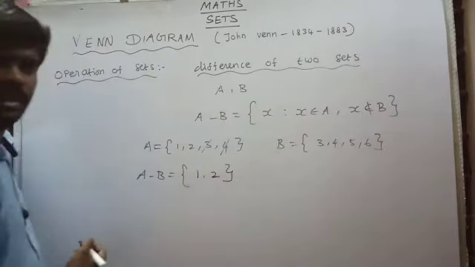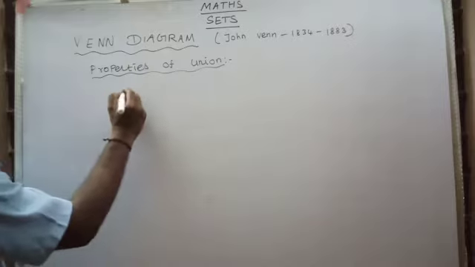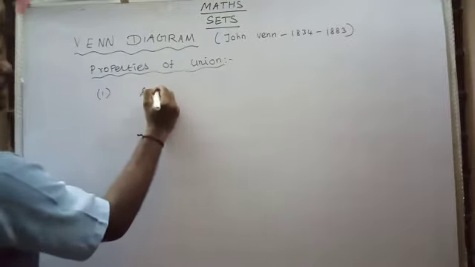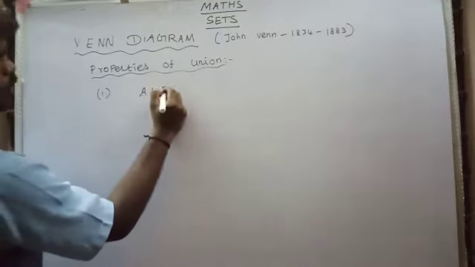Next, properties of union. We have property number 1, the commutative property. A union B is equal to B union A. This is the commutative property.